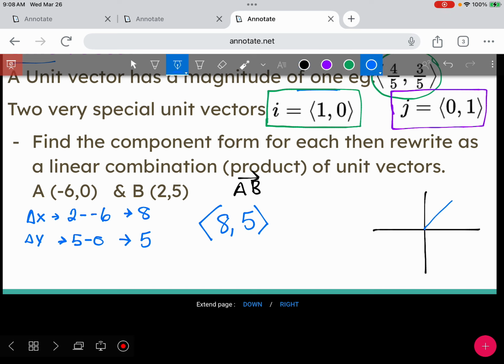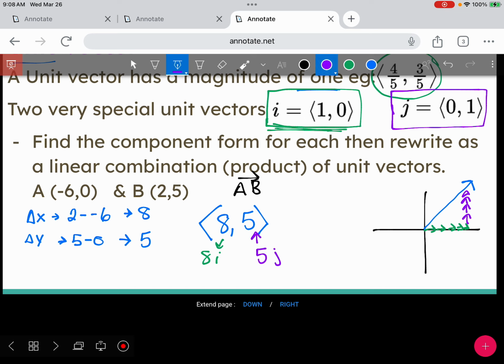So if we had our vector 8, 5 up here, it's going this way. And I wanted to build it out of 1, 2, 3, 4, 5, and so on. This would be our i's, which go to the right, and our j's that go up, combining them together, right? See what I'm doing? We would need 8 sets of i, and we would need 5 sets of j's.